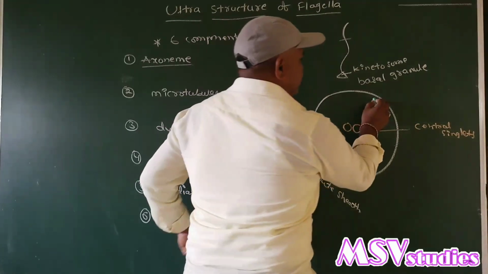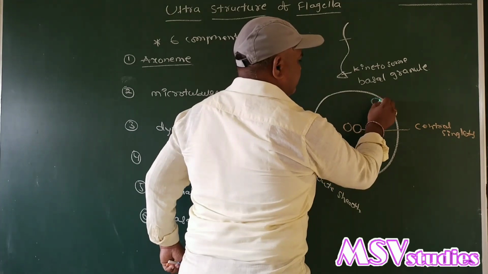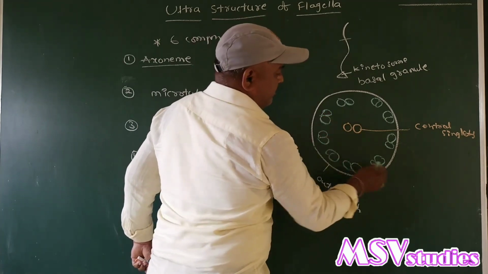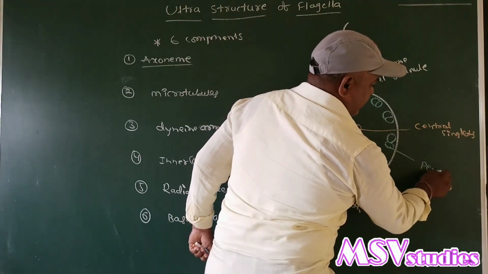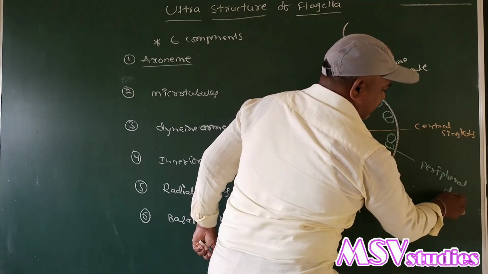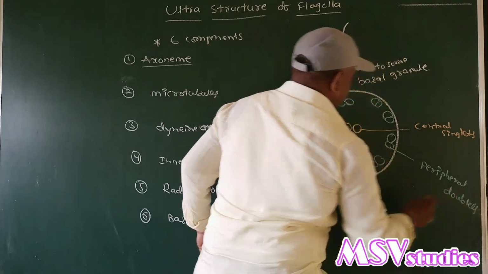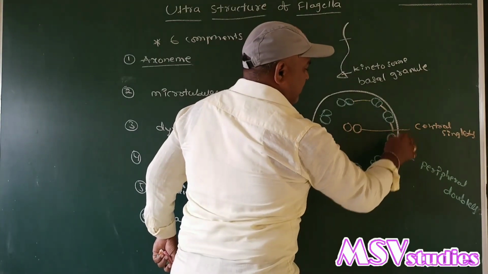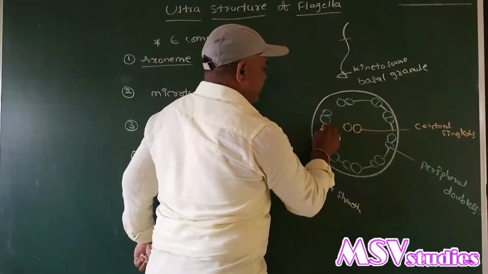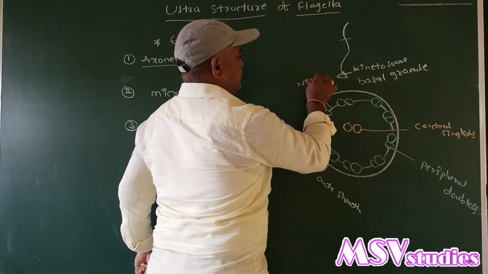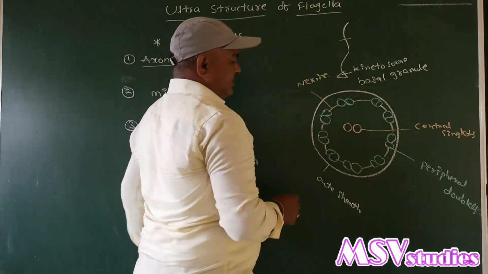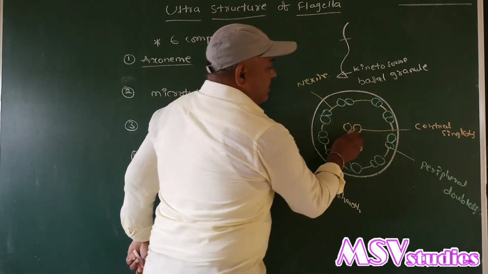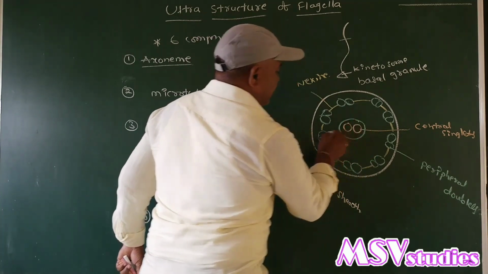These are the peripheral doublets. The peripheral doublets connect with one another by linkers of nexin. And the central singlets are covered with the inner sheath.